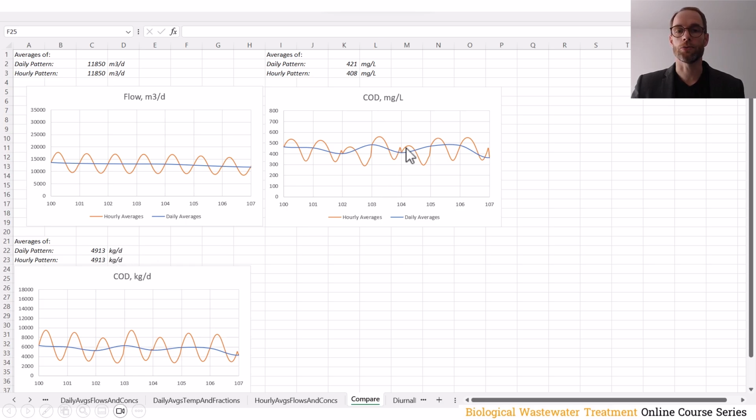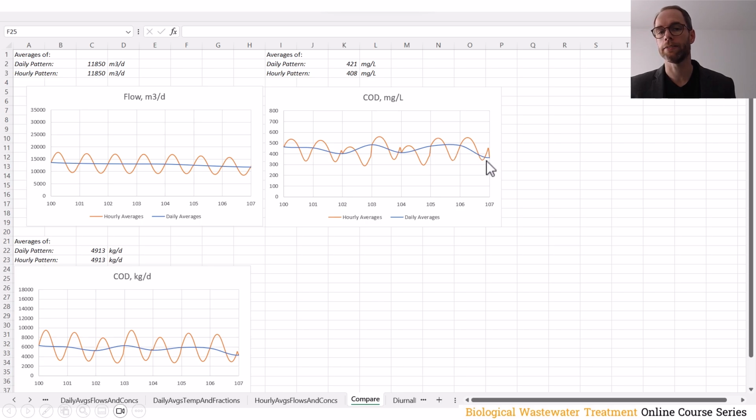In contrast, when we look up here at this top right chart, we can see the loading pattern around the COD concentration. We can see that the orange line, the hourly average, still oscillates nicely around the blue daily average concentration pattern.